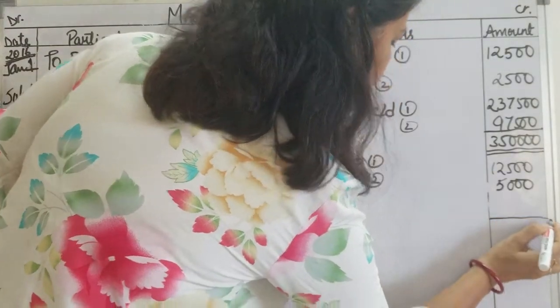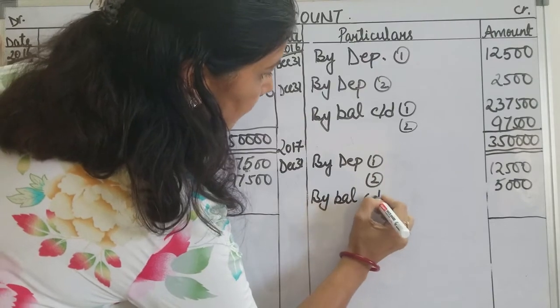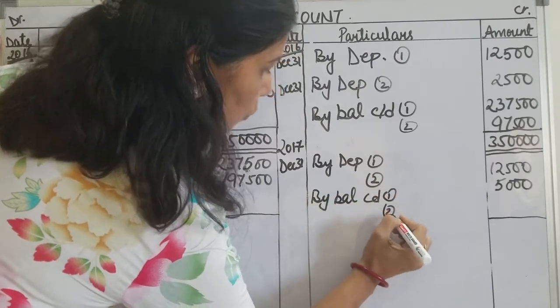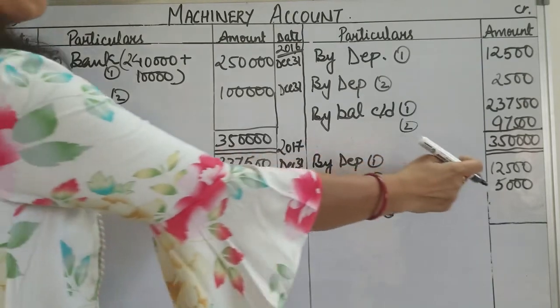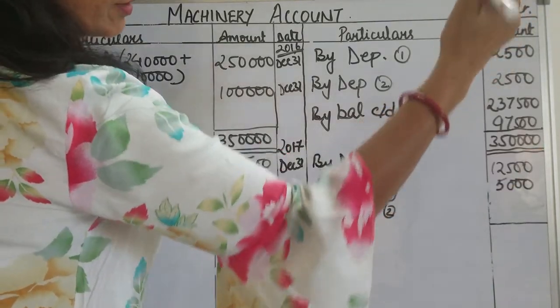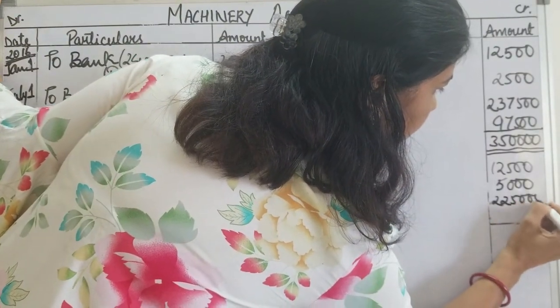So, by balance CD for 1 and 2. So, 2,37,500 minus 12,500 will come to 2,25,000.